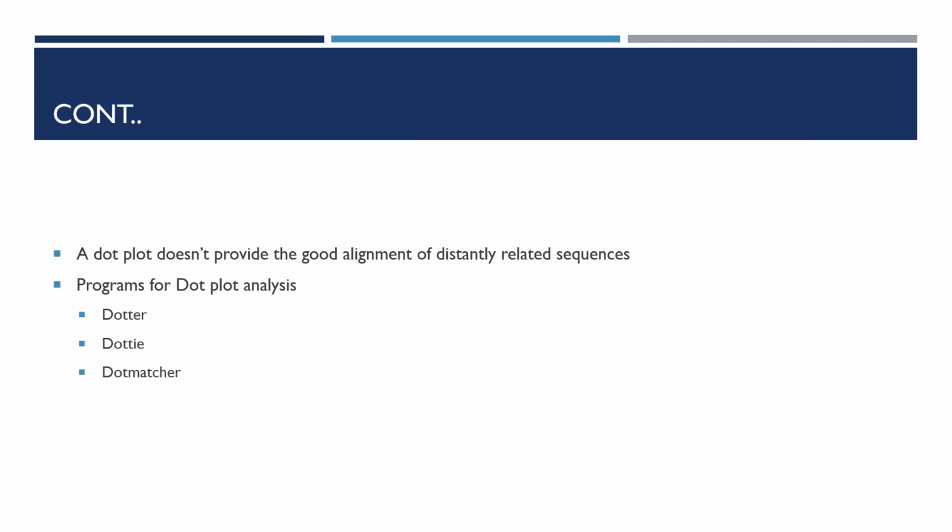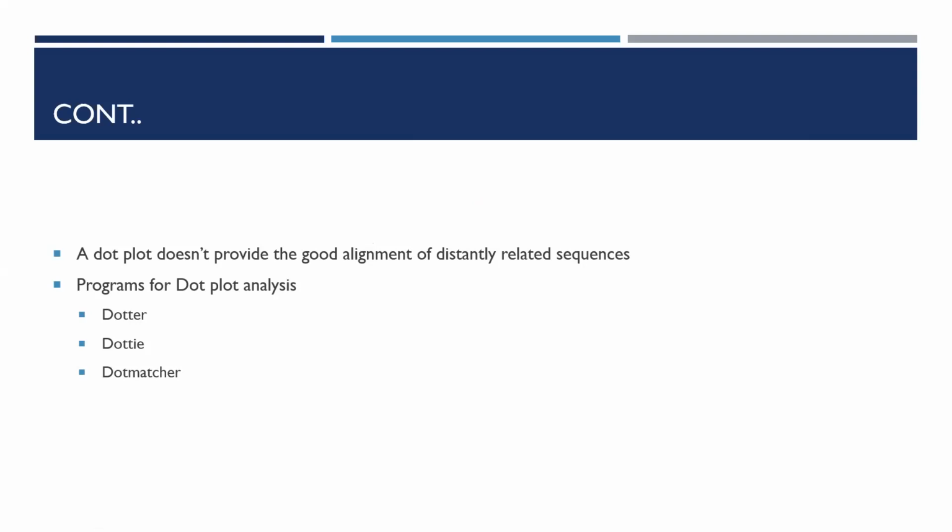But these dot plots or dot plot matrices do not provide a good alignment, especially in case of distantly related sequences. That is why we have the alternative methods of sequence alignment, like the ones I listed in the second slide: dynamic programming method and heuristic methods.